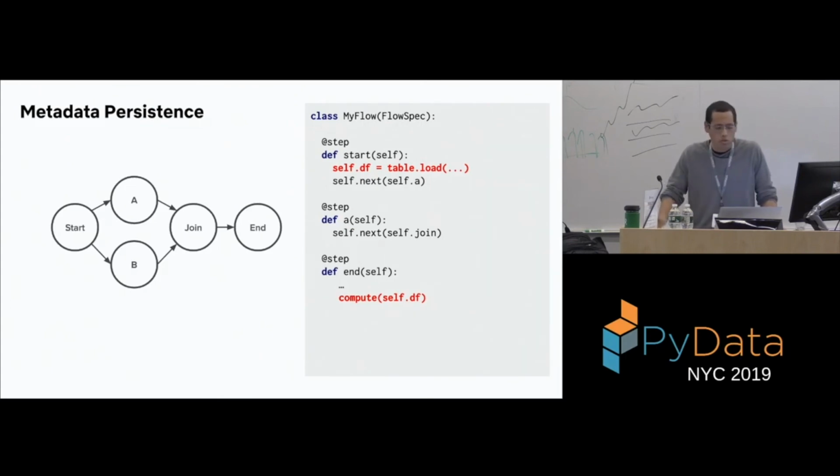So again we hash based off the bytes. If the data didn't change, we're not going to repersist it. But if the data did change, we will repersist it. So you're not taking advantage of the caching to speed up later runs. It's just for reproducibility. Yeah. But since you brought that up, there is a resume feature. So you could actually resume from any step from any previous run.